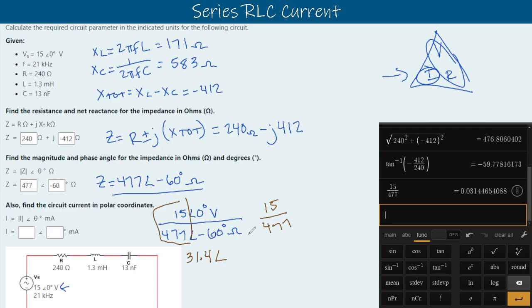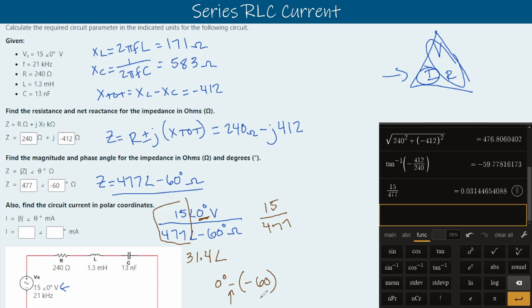At an angle of, we'll subtract them. Since we divided the magnitudes of the 15 and the 477, we want to take the angle that's with the 15 and subtract from it the angle that's with the 477. So we have 0 degrees minus, open parenthesis, negative 60. This first negative says I divided the magnitudes. The second negative says the angle is also negative.